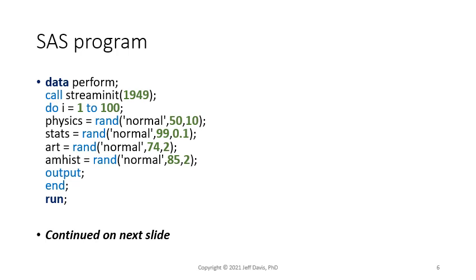And then for art, we have a little more variation. Average is 74 with a standard deviation of 2. In American history, the average is 85, also with a standard deviation of 2.